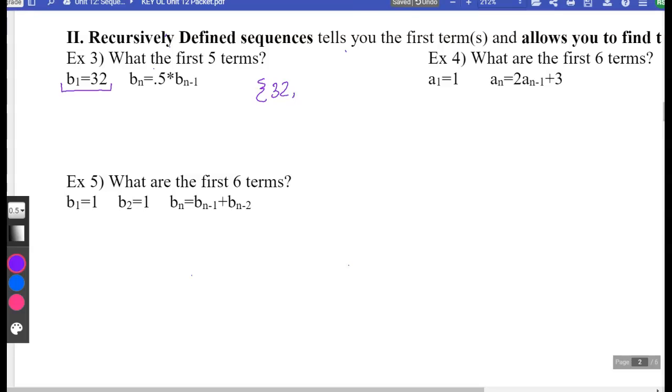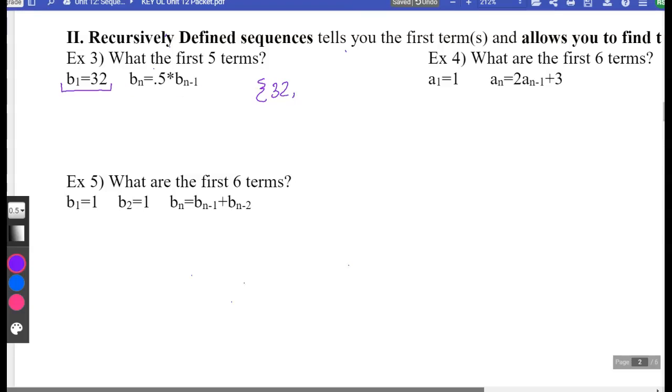Then, we're trying to find the first 5 terms. So, I look at the rest of the recursively defined statement for the sequence. It says that all of the other terms are equal to 0.5 times b sub n minus 1.